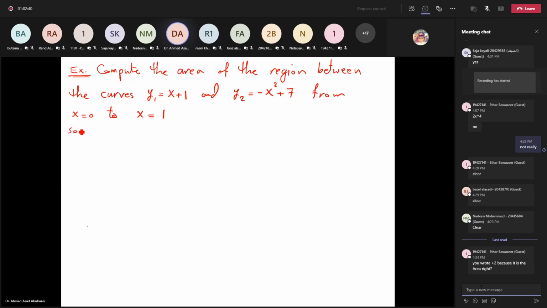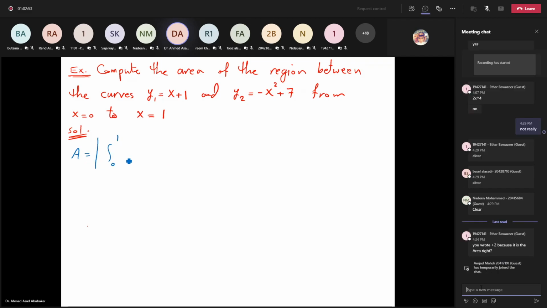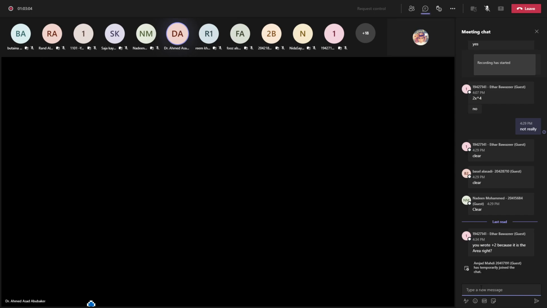So this is determined from 0 to 1 between the two curves. So this is directly the area between the two curves y1 and y2 from 0 to 1. It is y1 minus y2, or y2 minus y1.